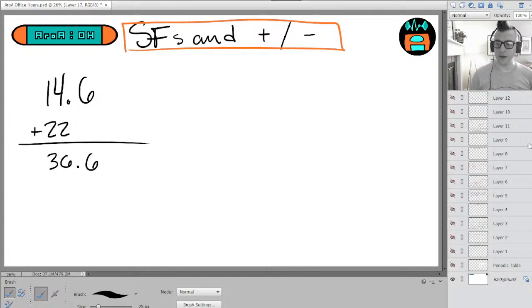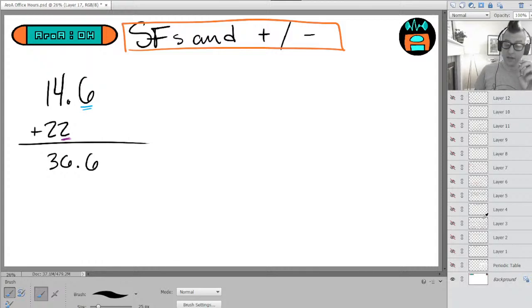All right, now, to determine our number of significant figures, we have to look at the last significant digit in each number. So when we look at 14.6, its last significant digit is in the first decimal place. When you look at 22, its last significant digit is in the ones place.